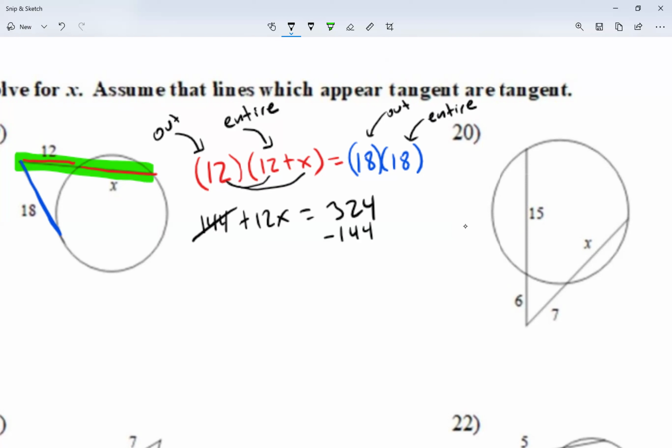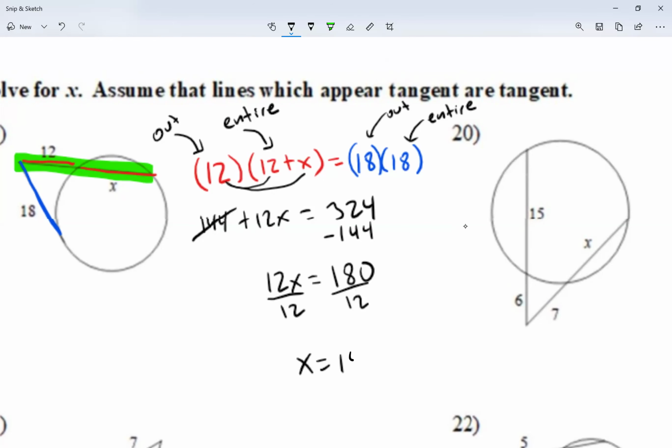So that gives me that 12x is equal to 180, right? 324 minus 144 is 180. Now to solve for x, let me divide by 12. And I get that x is equal to 15. All right, that's not bad.